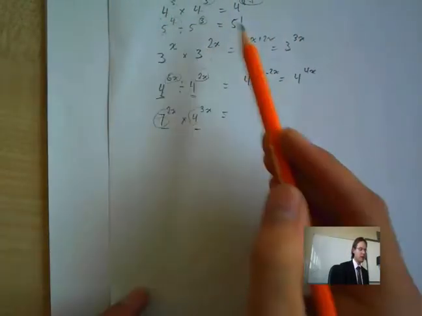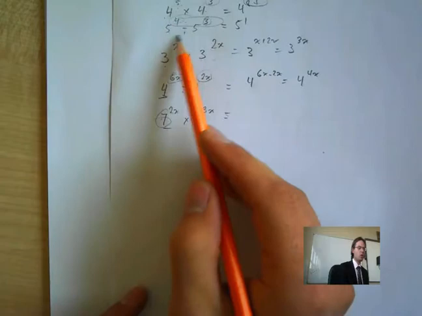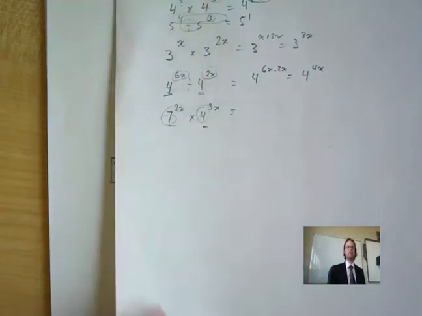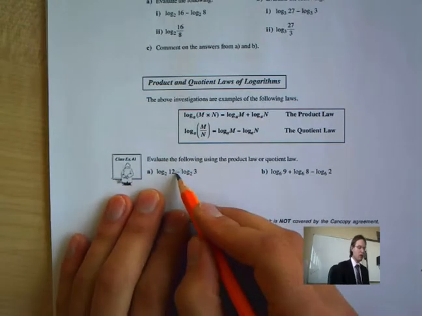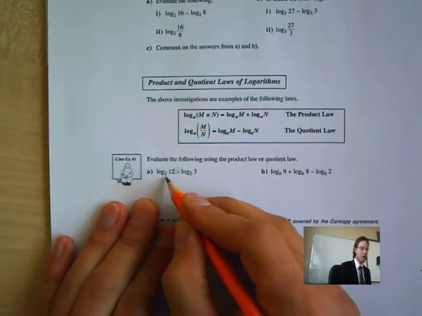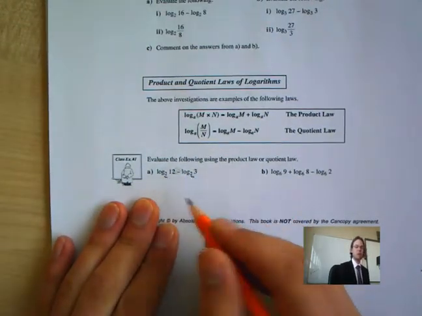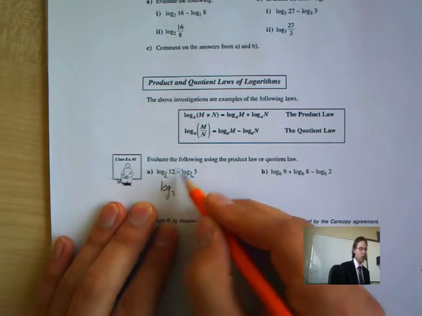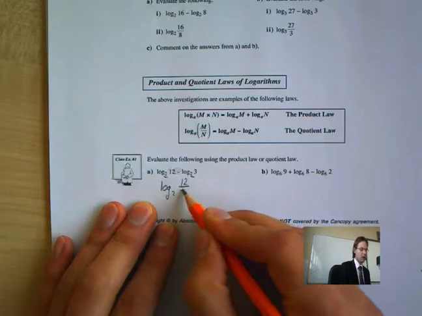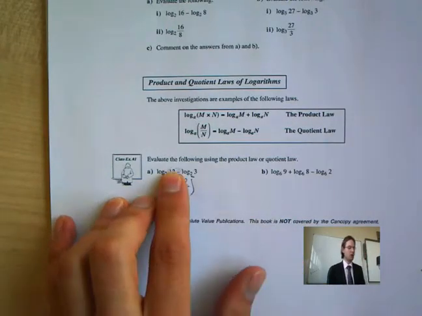If we were subtracting exponents, like right here, what were we doing? We were dividing with our inside. So our answer is dividing. So every time we have a subtraction side, and notice they are the same base, we're going to go log in base 2, 12 divided by 3 because of the subtraction.